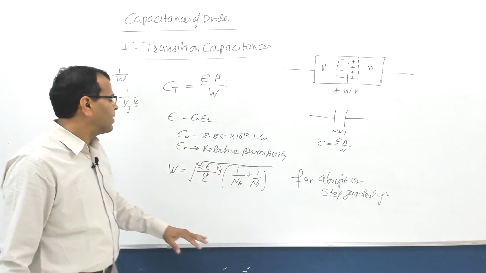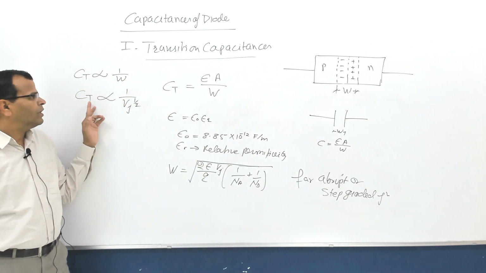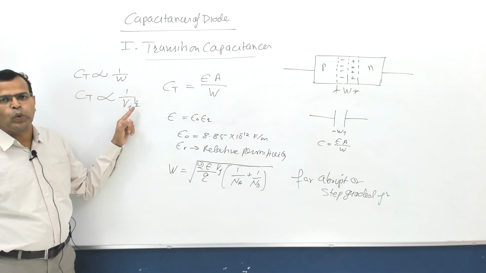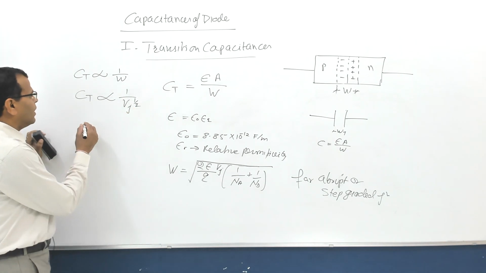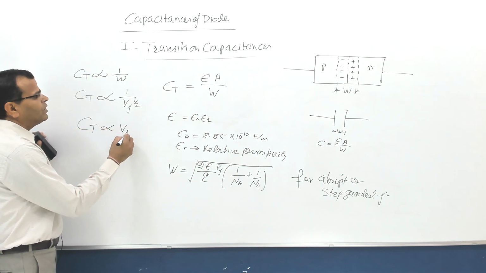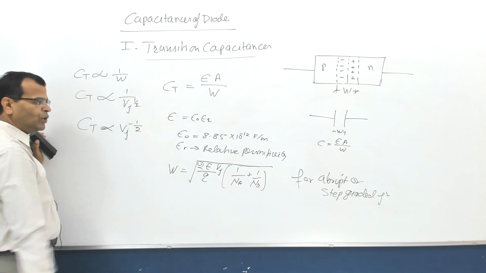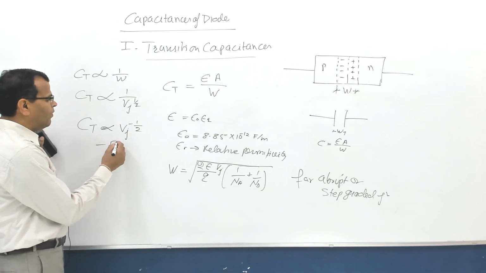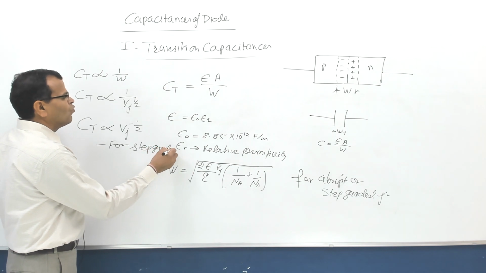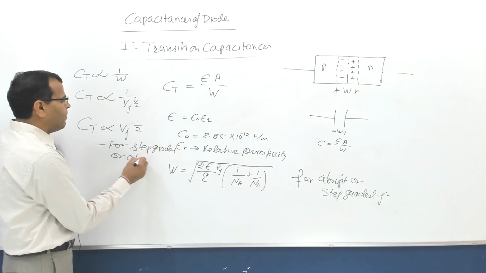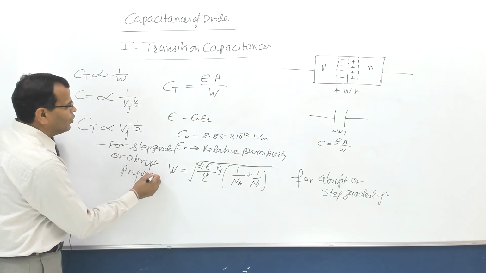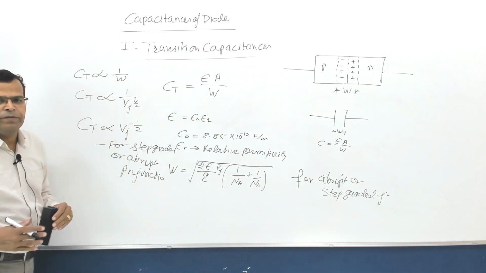So in case of the step graded junction, the variation in transition capacitance is 1 by root Vj. And you can see this Cj is proportional to Vj raised to power minus 1 by 2. That is for step graded or abrupt PN junction. Please do remember this. This is very important. Fine.